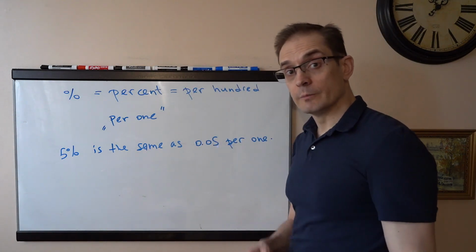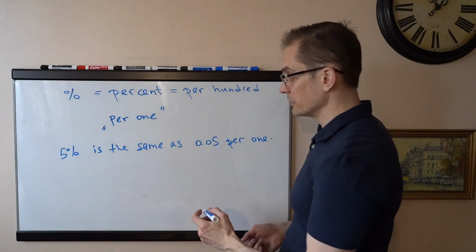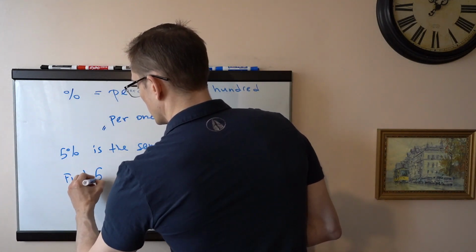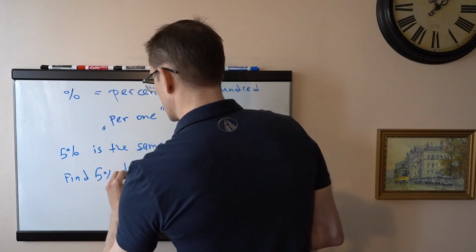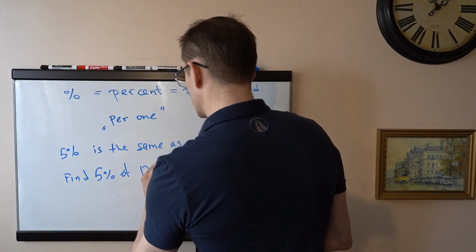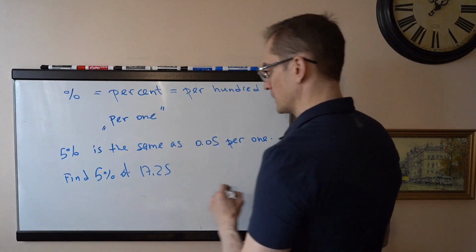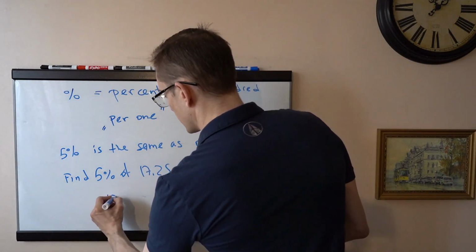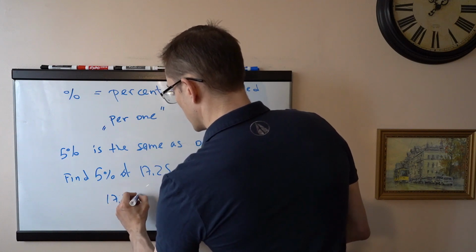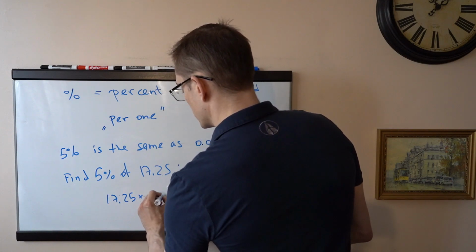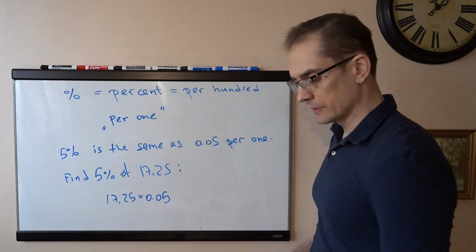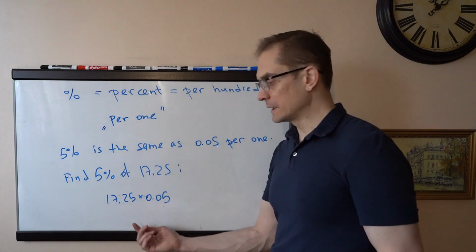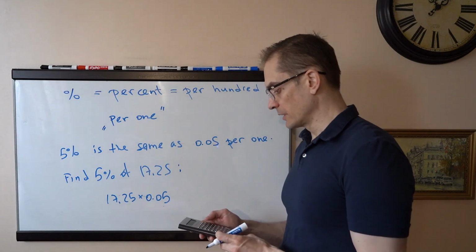That's first building block. And how it is used? Well, if I need to find 5% of 17.25, I have 17.25 ones, and I'll multiply that by 0.05, because I take now 0.05 per each one, and I have 17.25 ones.